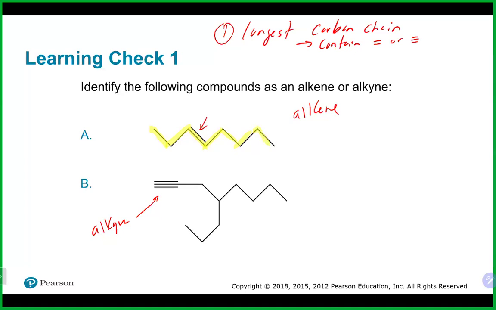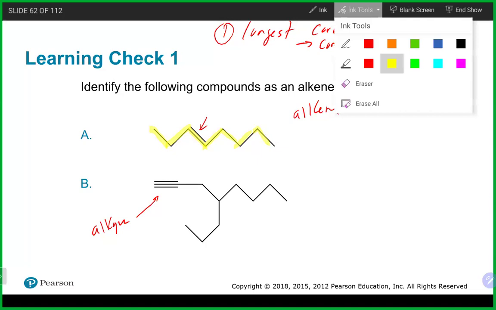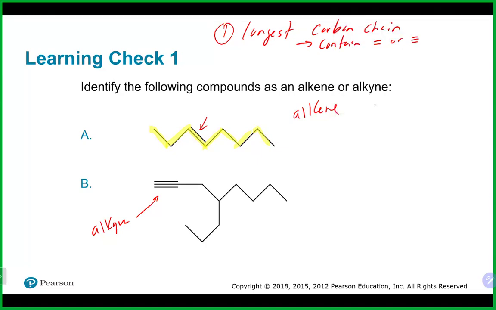That is 8 carbons, which is based off of the alkane name for 8, which is octane. This, though, is an alkene, so it is not octane, but it becomes octene. Now, different than an alkane as well, when you are dealing with double bonds or triple bonds, they take priority in terms of numbering and everything.